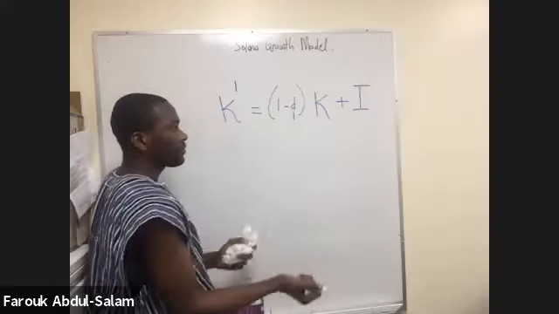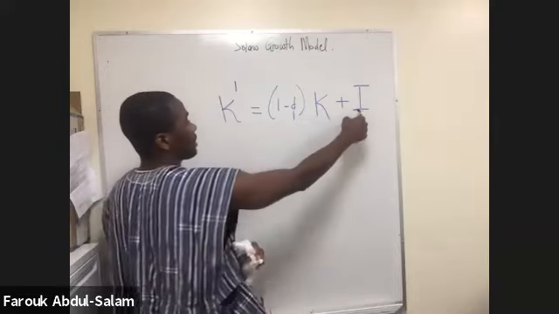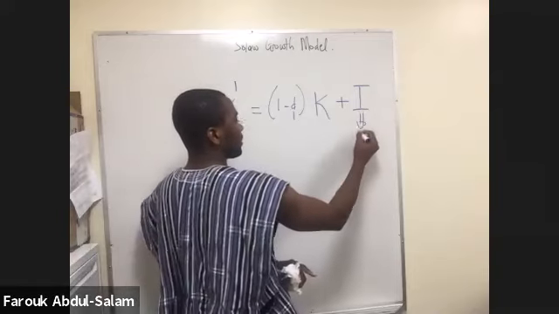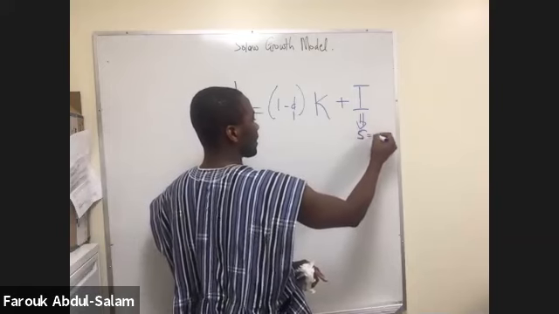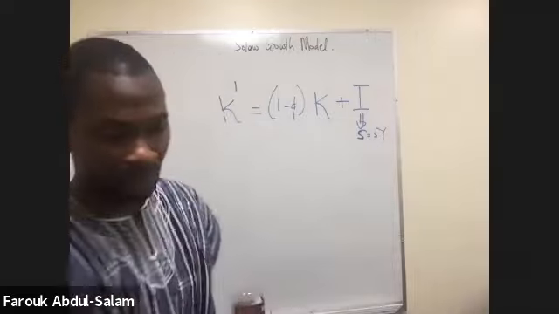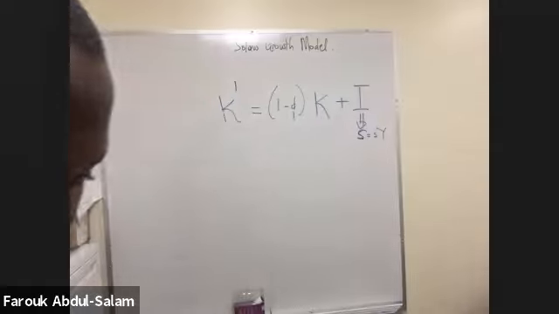So I have this guy here. Now let's revisit what we had earlier. Remember, we pointed out the fact that I is the same as savings, this big S, and big S is the same as small s multiplied by Y. This is what we saw earlier.